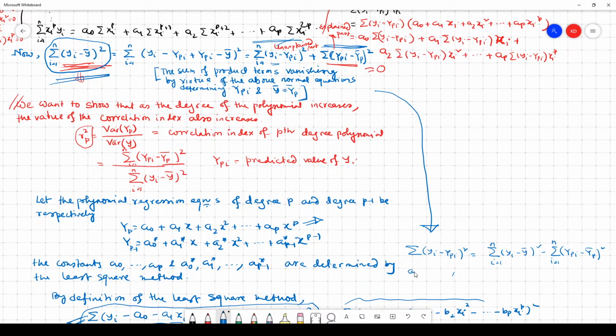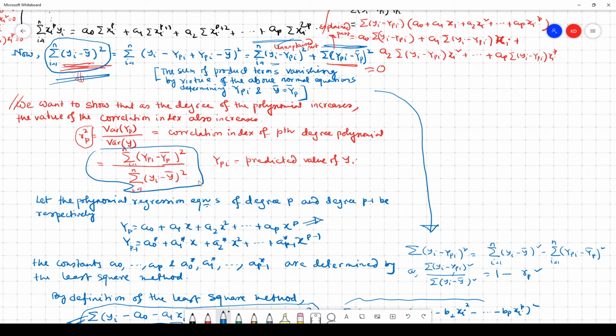If you divide both sides by the summation of yi minus y bar whole square, this is equal to the summation of yi minus Ypi whole square divided by the total variation, which equals 1 minus Rp square, because Rp square is defined as follows.